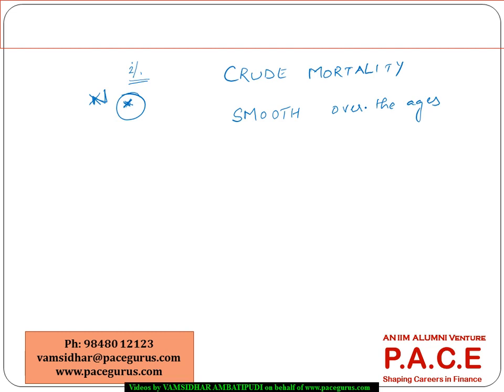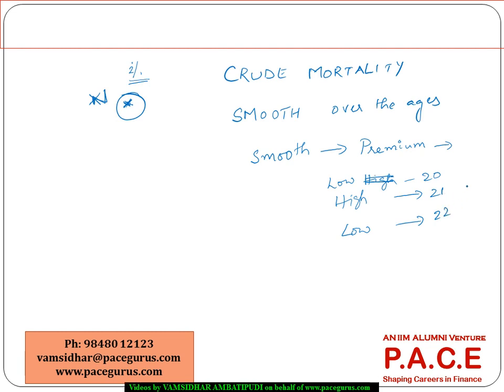But when I use the crude mortality as it is, it might very well be possible that the mortality rates are not smooth, which means the premiums I design based on the mortality rate may be higher for a 20-year-old person, lower for a 21-year-old, and again higher for a 22-year-old.